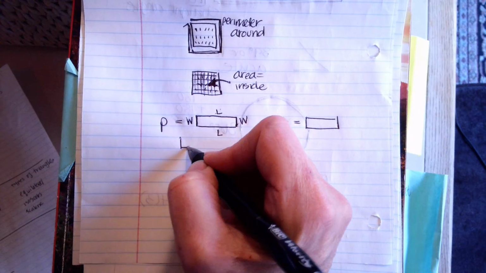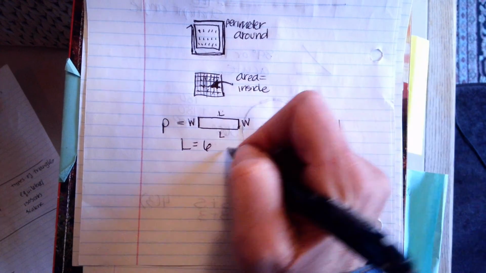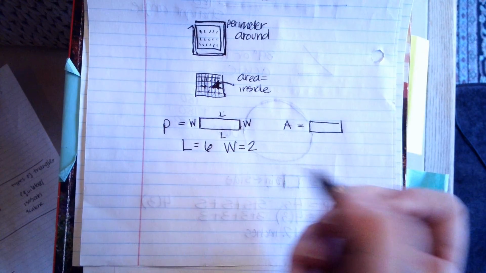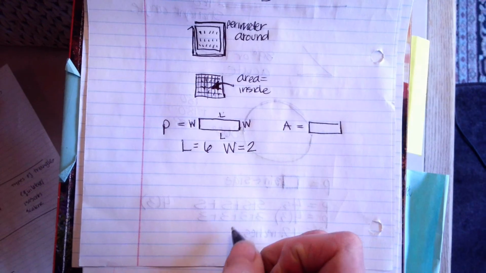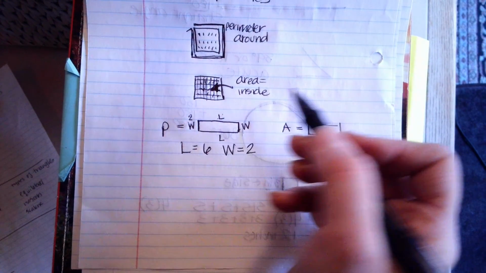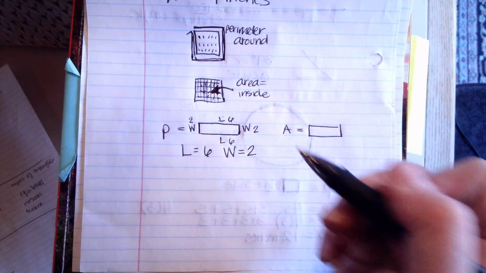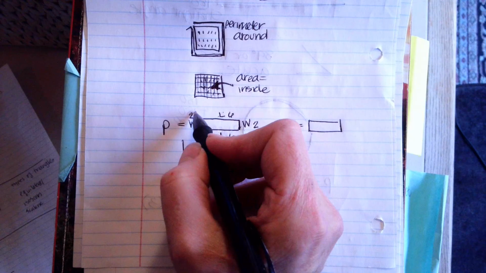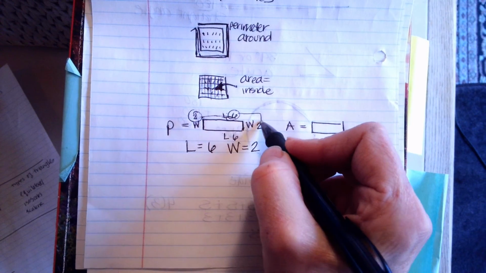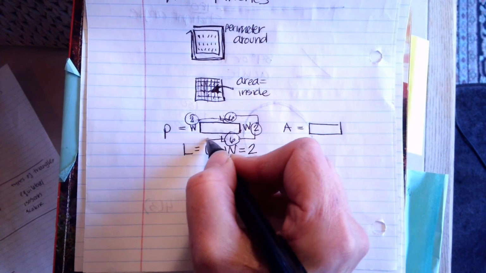And the length in this one is, say, 6, and the width is going to be 2. So to find the perimeter, we are going to say that this is 2, this is 2, this is 6, and this is 6. And now we're going to take a walk around. 2 plus 6 plus 2 plus 6, and then we're done walking.